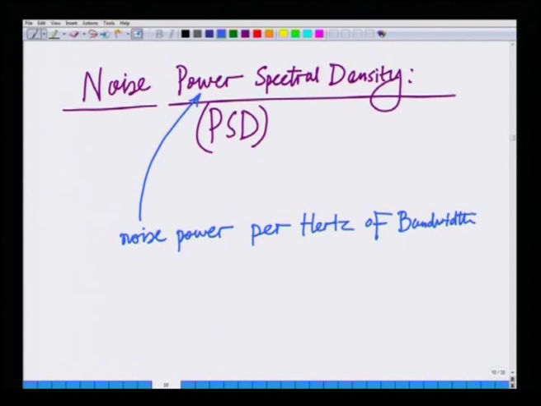Hence, naturally, if this noise power spectral density is denoted by eta, since this is noise power per hertz, total noise power is this density multiplied by the total bandwidth B.